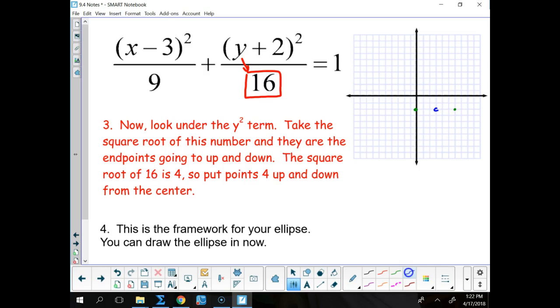So I'm going to add 4 to my center. 1, 2, 3, 4. This time now I'm going in a vertical direction, and I'm going to subtract 4. 1, 2, 3, 4 from my center. Okay? Now that I have all of that information in there, I can draw in my ellipse.